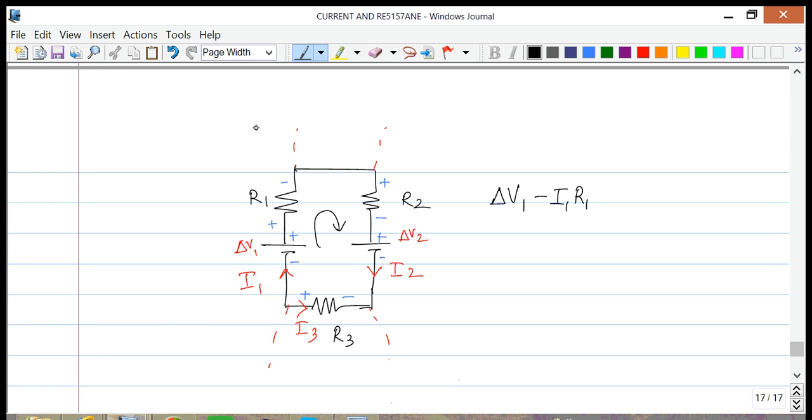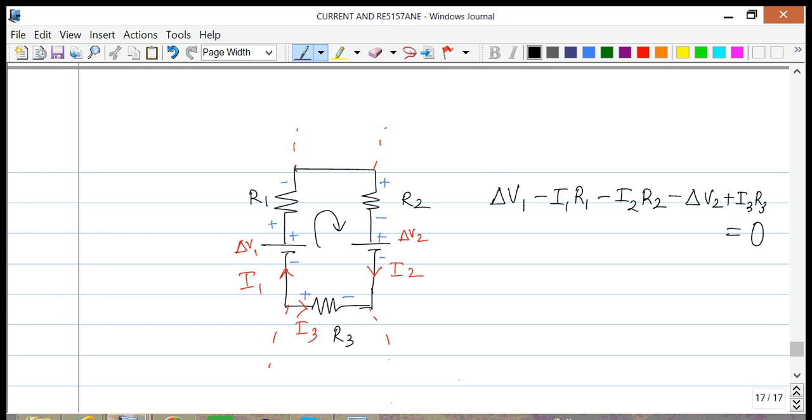For R2, I again go from high to low, so it is negative I2 R2. For delta V2, I go from high to low, it's minus delta V2. And for R3, I go from low to high, and so I get a positive I3 R3, and the sum of all these is equal to 0.